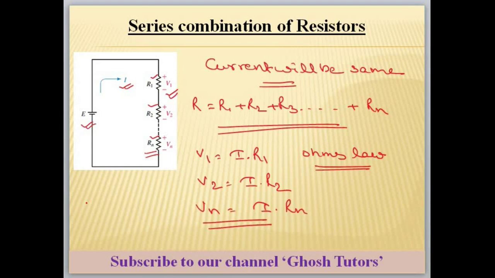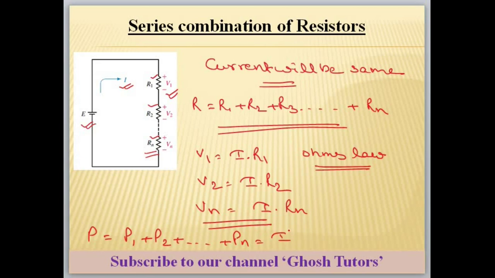But sometimes they ask, what is the total power in the circuit? Power is additive. If you have to calculate total power, P, it will be equal to P1 plus P2 plus up to Pn.